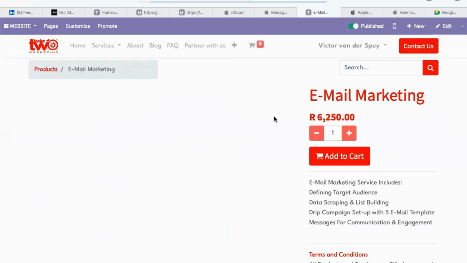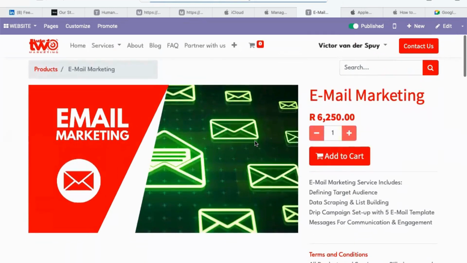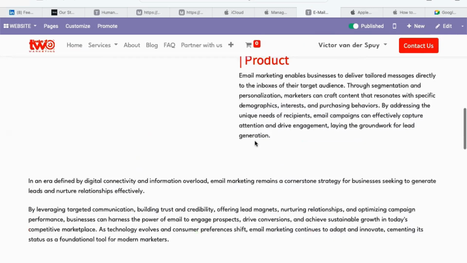So we offer this as a supporting service, and we're able to work with the data from the database, build a list, build the different sequences, and then use our AI to send it out and do various things with the email campaign.